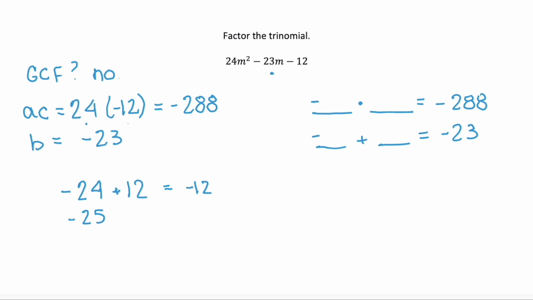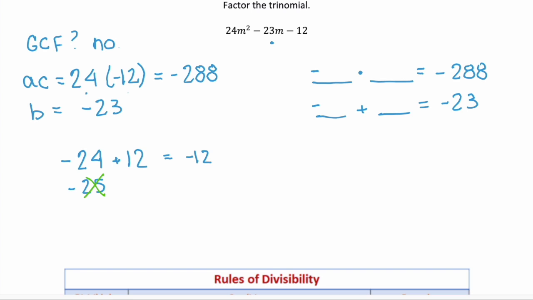And because of divisibility rules, I throw that out. The same with negative 26, negative 27, negative 28, and so on. This brings me down to negative 32.